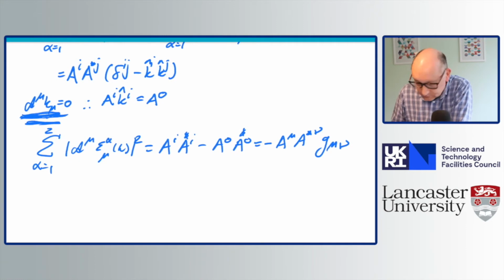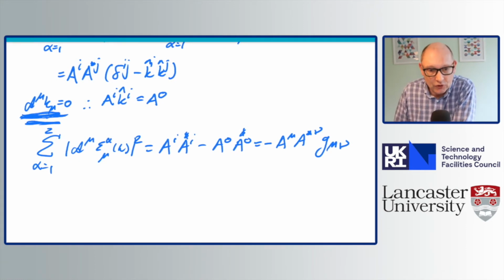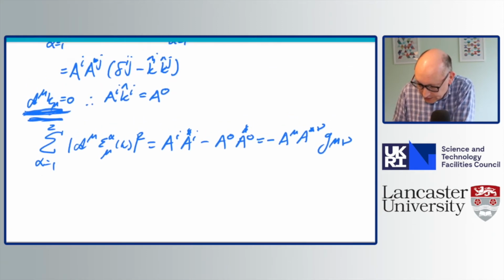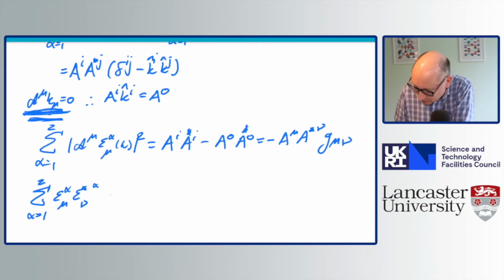Now, this could be done for each photon in turn if there were more in the process than just a single photon, and therefore one finds the general result that when calculating gauge invariant amplitudes, whenever one sees a sum over alpha 1 to 2, epsilon mu alpha, epsilon star nu alpha, then one can replace that by minus g mu nu.